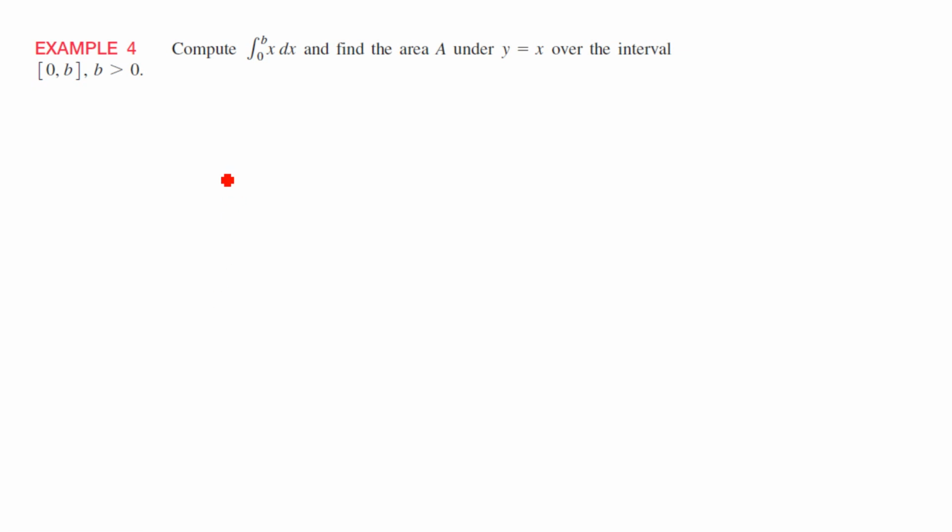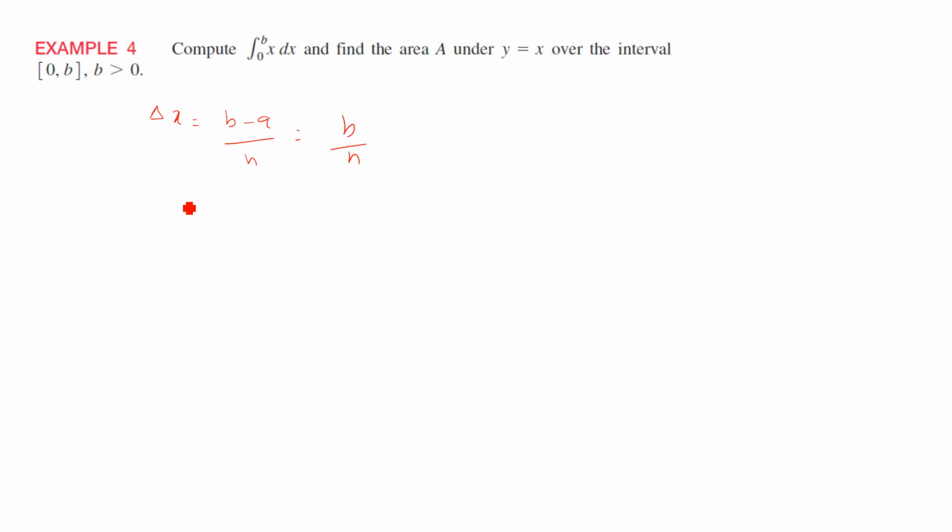First of all, let's have a partition, and we are going to have a partition of equally spaced intervals. In the equally spaced case, delta x, that is the length of each subinterval, is equal to (b minus a) over n. A here is 0, so delta x is b over n.